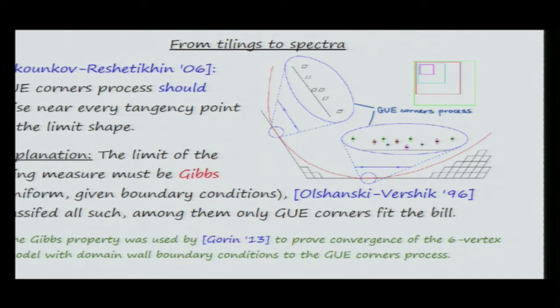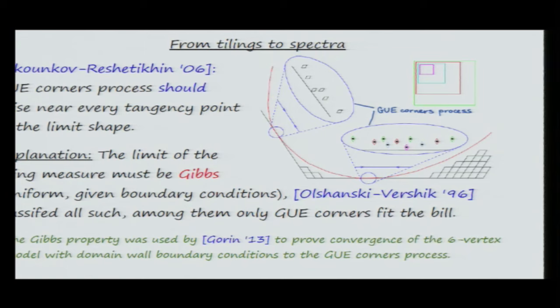So there is a hand-wavy explanation that says the following. If you're looking at the uniform measure on tilings, then it has something that may be called the Gibbs property, which is if you freeze the tiling, for example, above a certain level, then the conditional distribution on what happens below is uniform. And so if you then look at the real triangular arrays with interlacing condition that have such Gibbs property, actually all such probability measures can be classified, and that has been done by Olshanski and Vershik completely.